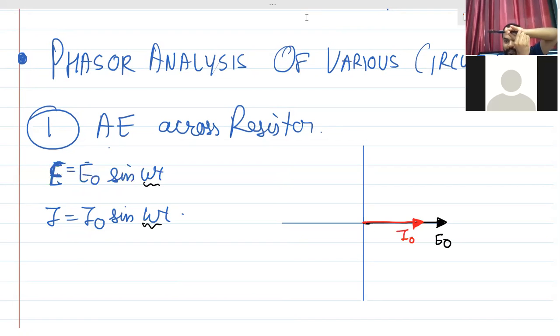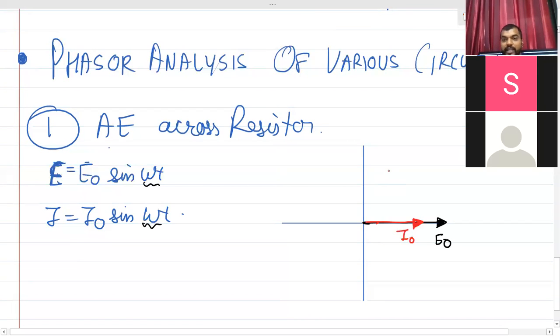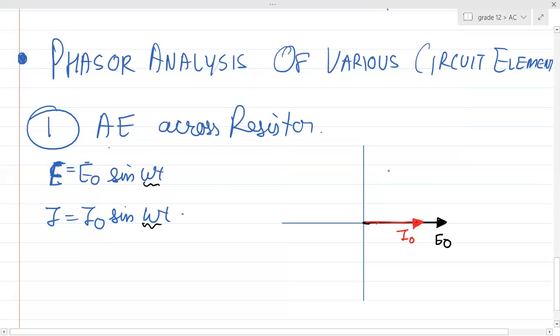So can you see, when they both rotate with the same angular velocity, they always will be in the same phase. So they both will rotate like this. Is this clear? At any general instant, if I talk about this diagram, it is when t equals to 0, right?